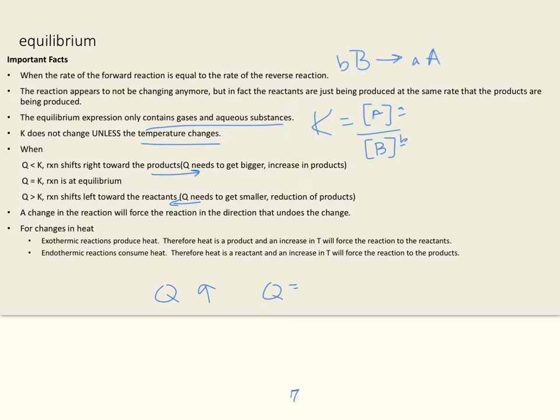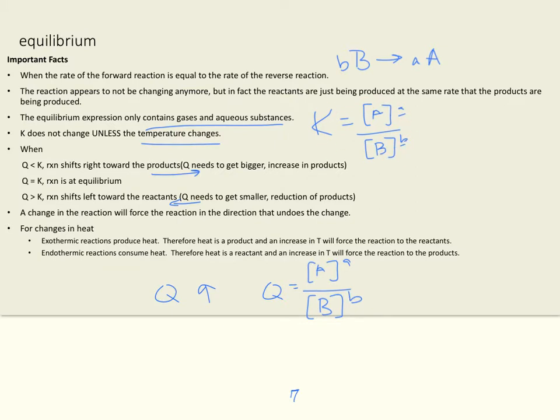So if, again, our reaction is this one up here, and this is our K, if Q is less than K, then we need A to gain so that Q can get bigger, right? Because this would be Q. It's just not necessarily at equilibrium. It's any time during the reaction. And K right here is only at equilibrium.